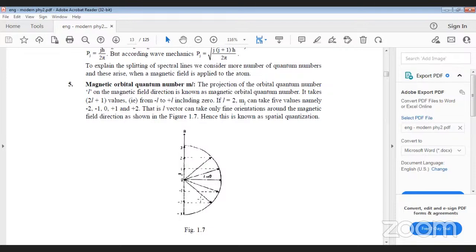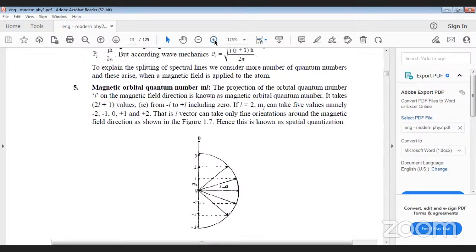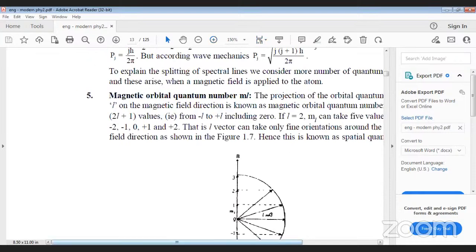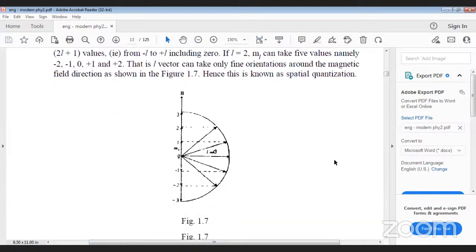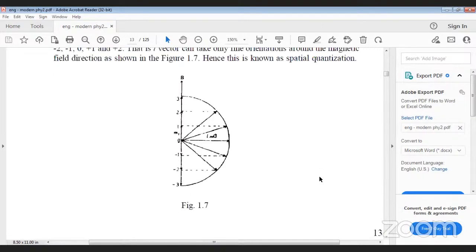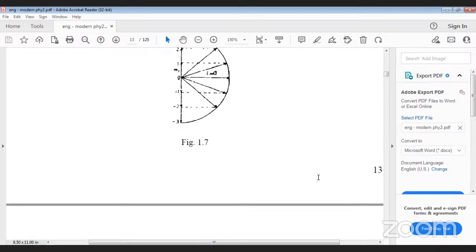The bottom is minus L and the topmost is plus L. So m_L values must be minus 2, minus 1, 0, plus 1 and plus 2 if L equals 2, which is known as spatial quantization.